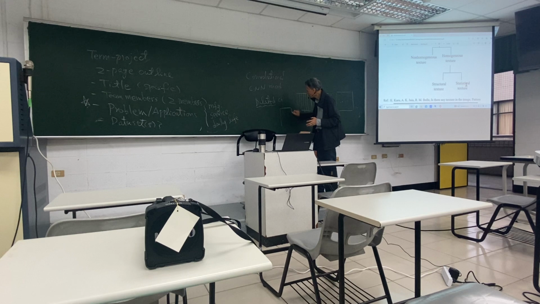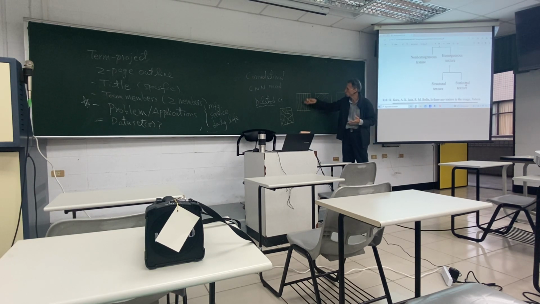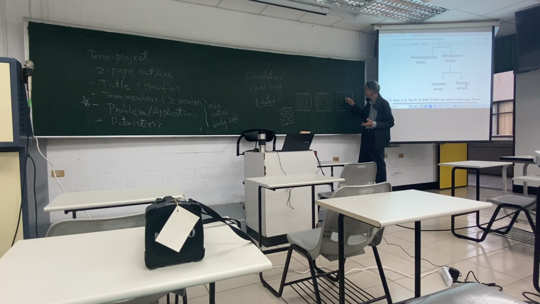You have a lot of different crystal grains, right? Remember what I said? This is the so-called non-homogeneous texture. It's not homogeneous in texture or in random, this so-called primitive.